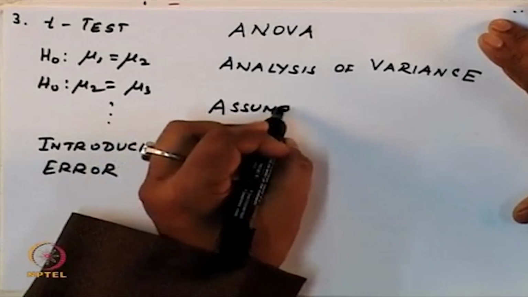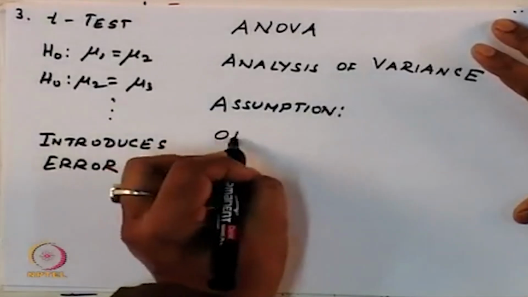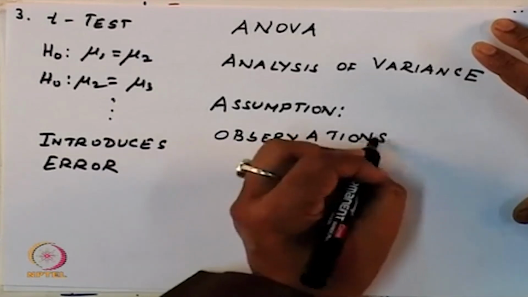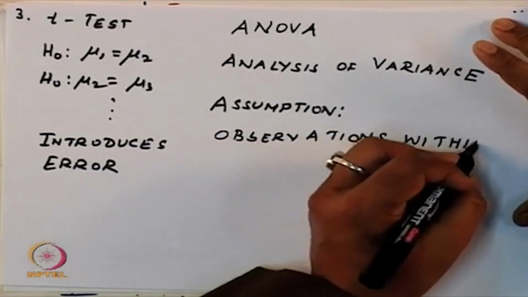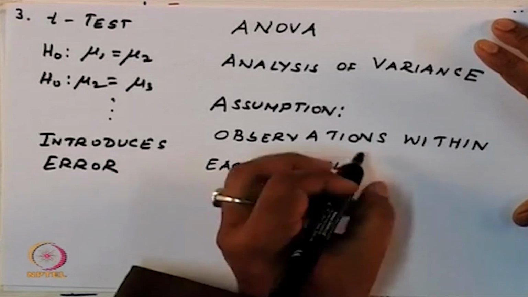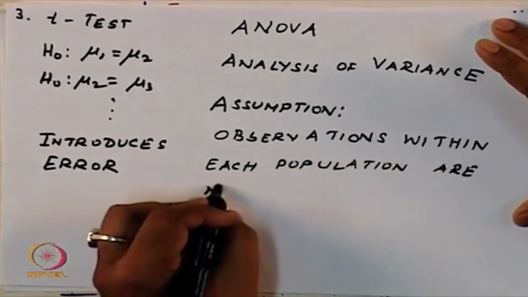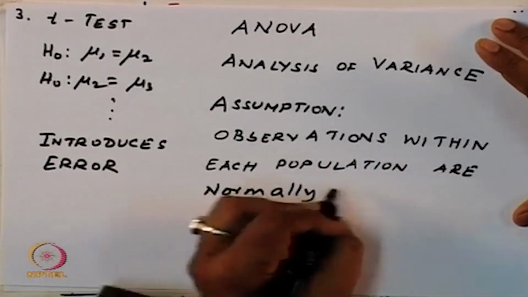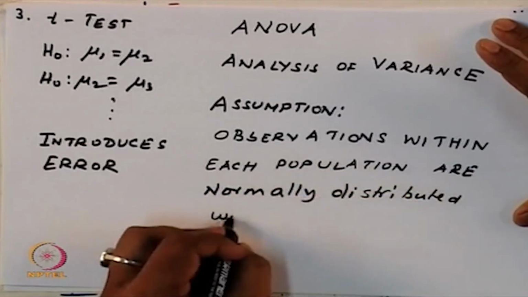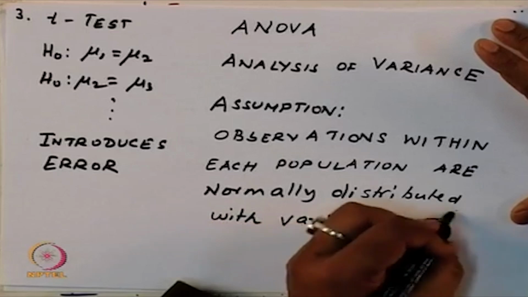So, the primary assumption of this approach is that the observations within each population are normally distributed with variance sigma square.